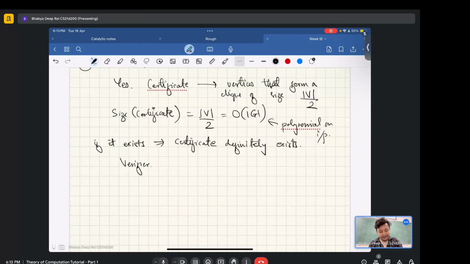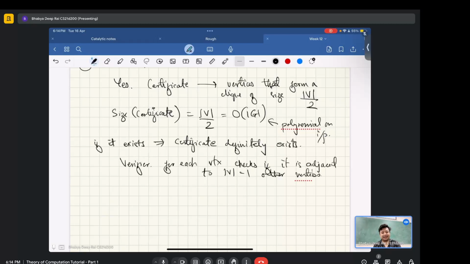The verifier, for each vertex, checks if it is adjacent to the other v minus 1 vertices.